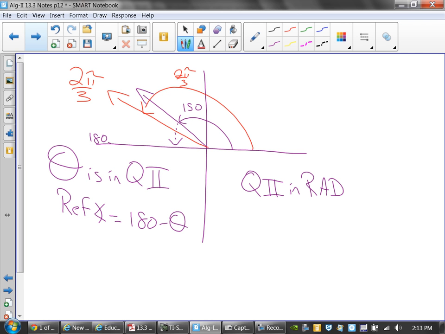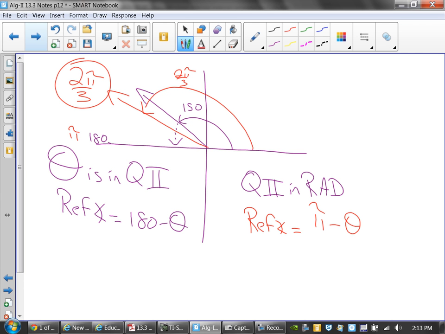Pi. So how far away is 2 pi over 3 from pi? A third pi. The reference angle here in radians is going to equal pi minus theta.